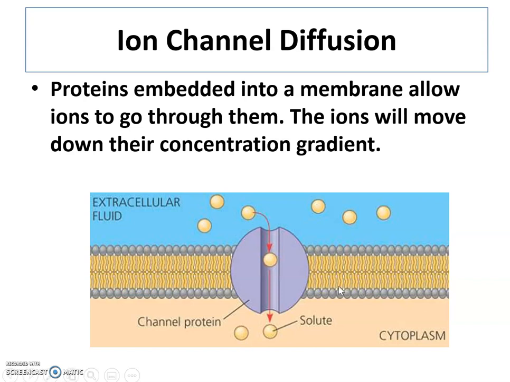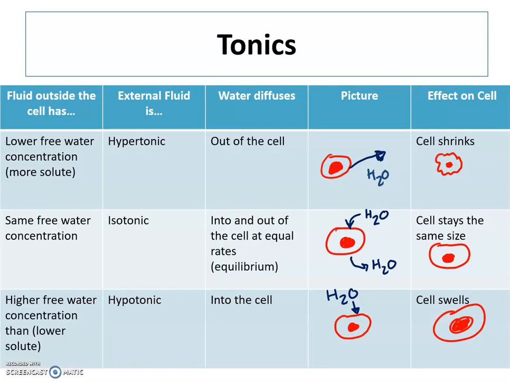So if the tunnel is this big, what it's saying is, okay, little circles, you can go through for free. Still high to low, we're still diffusion, still for free. It's just there's a protein there that's monitoring what can go through that channel or what can go through that particular gap.